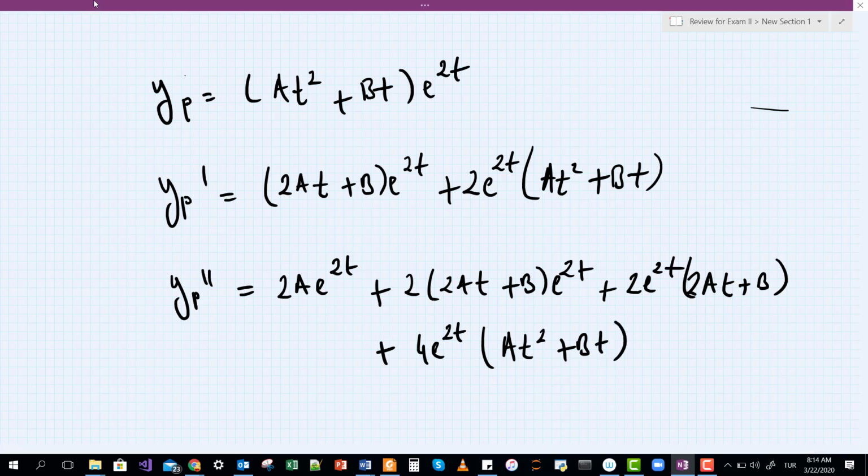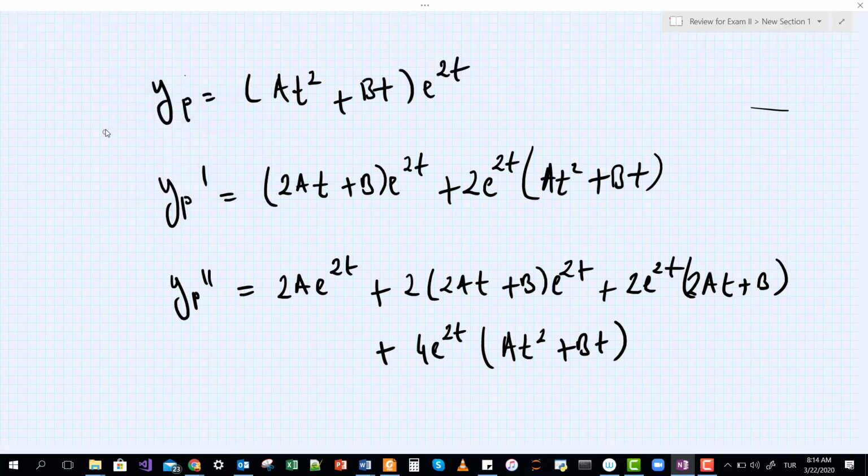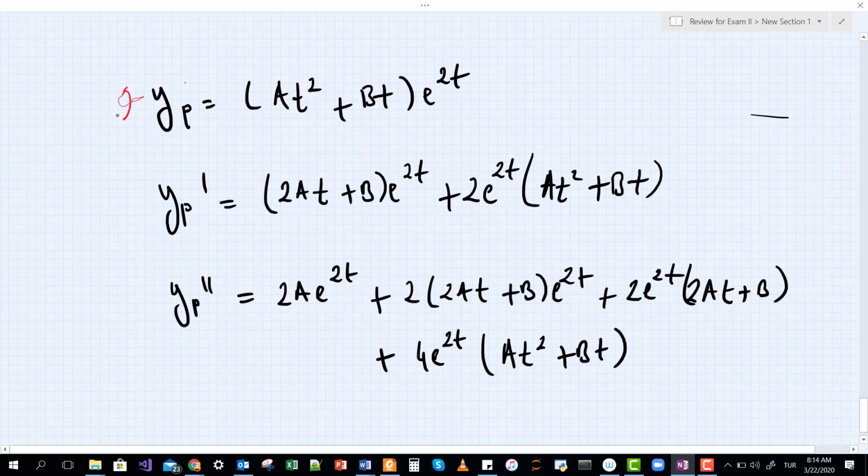I'm going to need to use my coefficient. I need to multiply this by 2, sorry, times 2, and negative 3 times 2 is going to be negative 6.